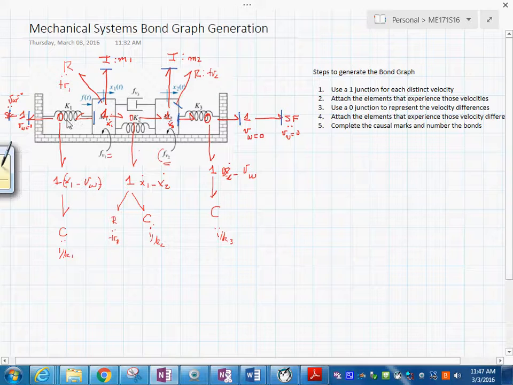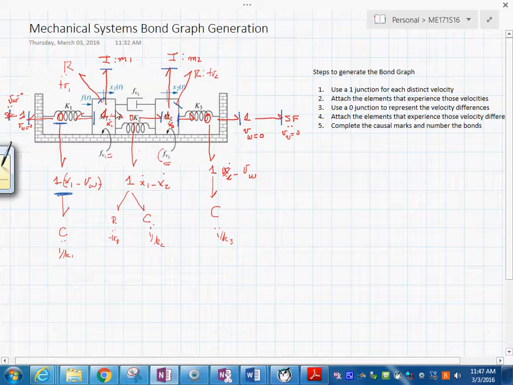Sorry, I didn't assign it to this one. When you do the one, it makes all the others like this. And then you have this two, the zero needs one like this. The moment you set that one, it makes this other two like this. And finally on this side you have the two flows in, so the zero needs to be like this, and that makes this, and that completes the entire bond graph model.